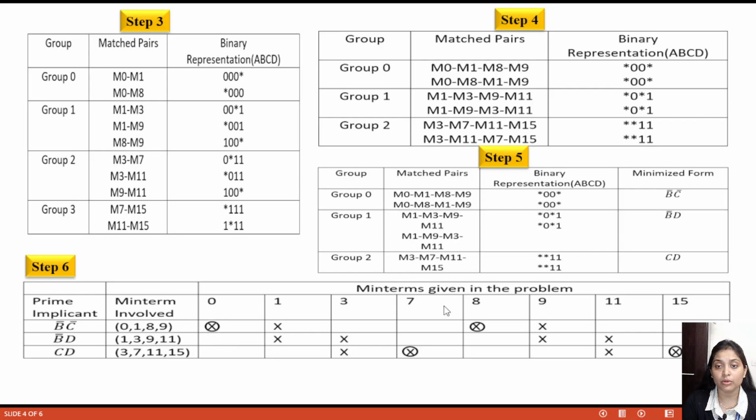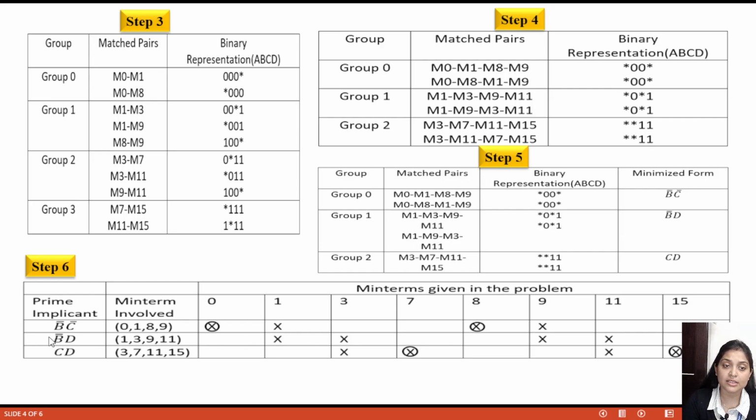In the case of 7 there is also a single cross, so we will circle it. In the case of 1 and 3 there are 2 crosses, so we will not consider this. Then column 8 also has a single cross, so we will circle it, and also column 15 has a single cross, we will circle it.